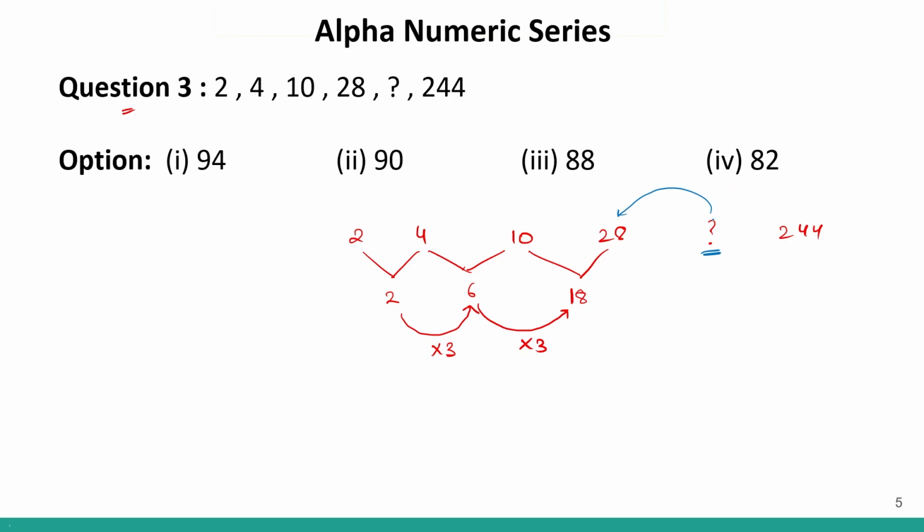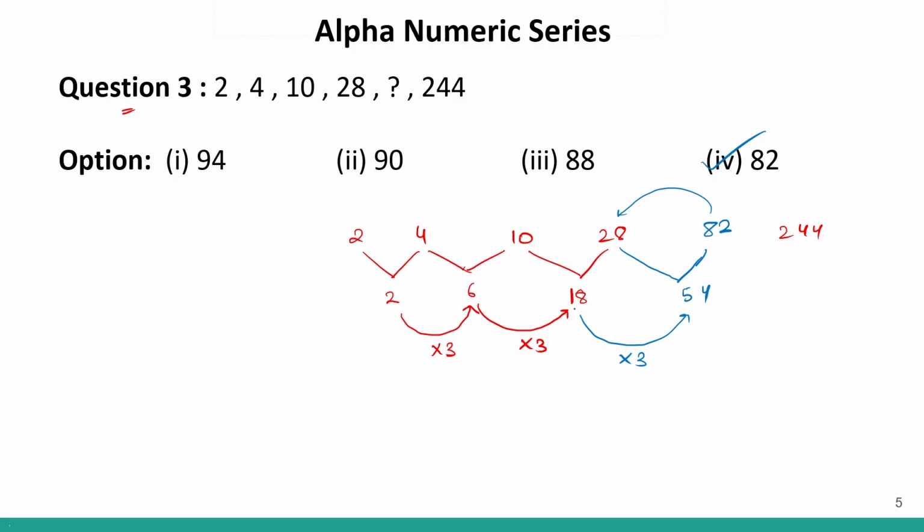Some people will not check this. Some people will just say, okay, if I multiply 18 by 3, I'll get 54, correct? And if I add 54 to 28, I'll get 82. Correct? And they will assume that 82 is the correct answer and mark it.